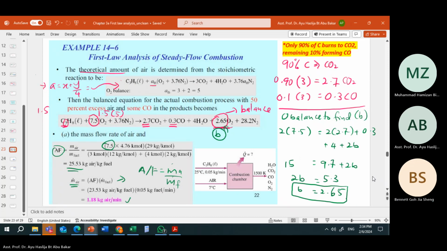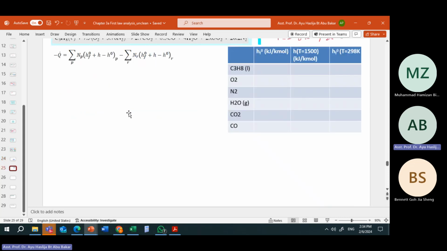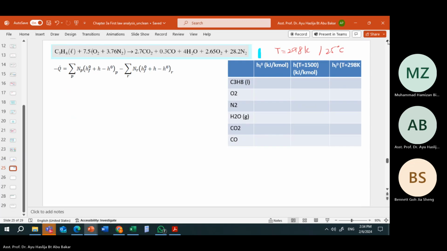Okay, now we proceed to find the rate of heat transfer. Rate of heat transfer. So here, ni dia dah bagi solution. We try step by step. Q dot, so it involves the product minus reactant, heat of product minus heat of reactant.